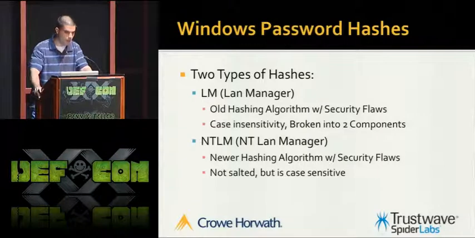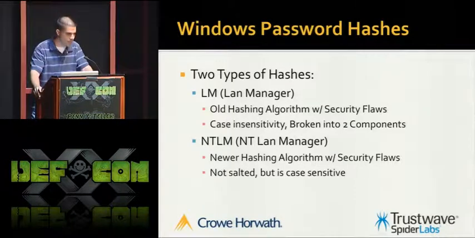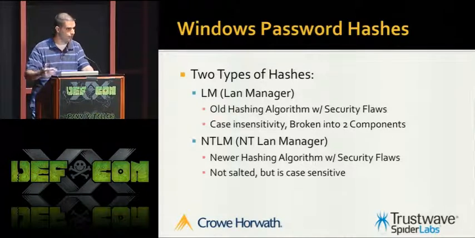Another thing is that it would uppercase your password. So if you had ponies1 with a capital P and the rest lowercase, it would uppercase everything. And then it would take that password and split it into two 7-character byte chunks. So if you had an 11-character password, you would have a hash of the first 7 characters and then a hash of 4 characters padded with 3 extra nulls.